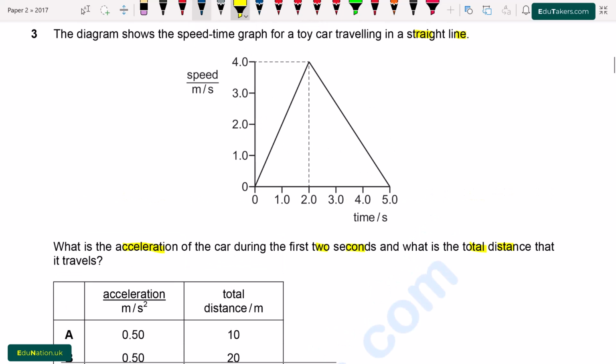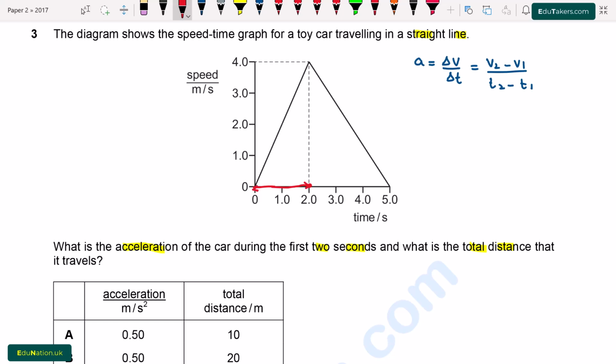We know that acceleration is equal to the slope of the speed time graph. So I write here acceleration is equal to delta V by delta T, which is equal to V2 minus V1 over T2 minus T1. 2.0 second is at this point. We have to find out the acceleration from 0 to 2.0 second.